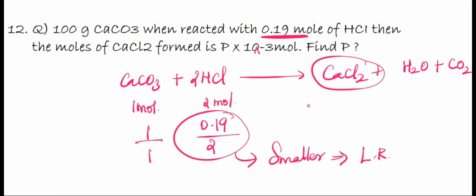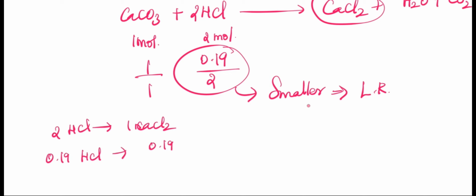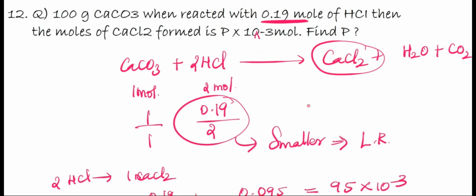So 2 moles of HCl gives 1 mole of calcium chloride. 2 HCl gives 1 calcium chloride. So for 0.19 HCl, just use the unitary method, 0.19 into 1 divided by 2, right? Which will give you 0.095. If you convert into 10 to the power minus 3, that is 95 into 10 to the power minus 3. So 95 is your P.